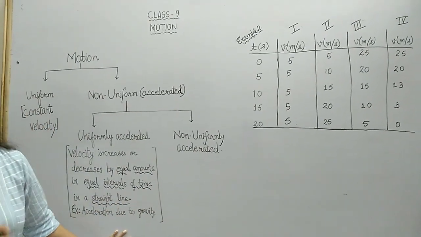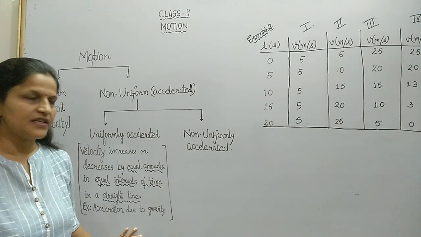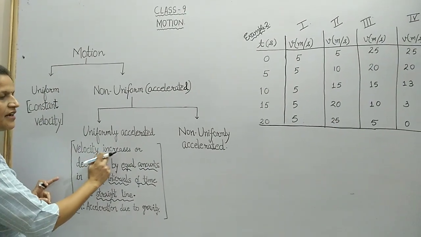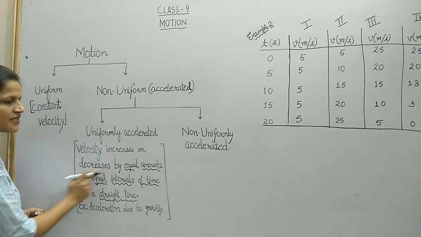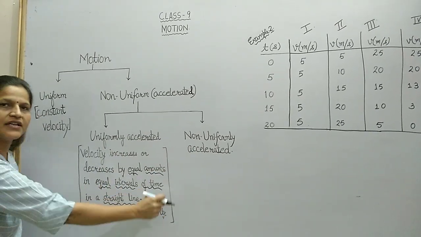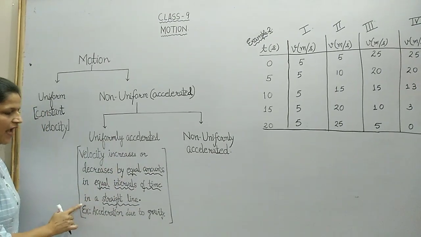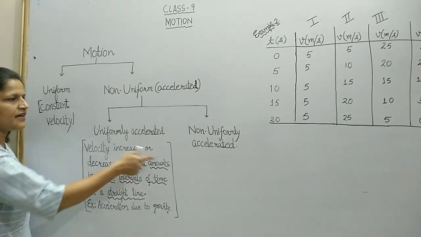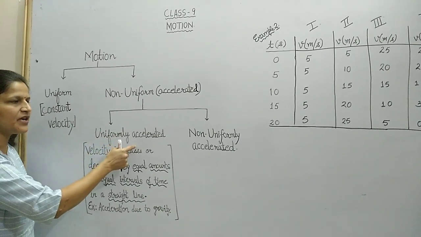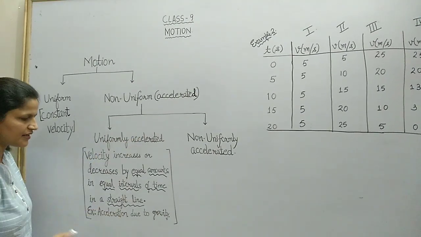So what are the three conditions to remember? Velocity either increases or decreases by equal amounts, point number 1, in equal intervals of time, point number 2, and in a straight line. Then we say that the motion is uniformly accelerated. We will soon come to an example to give it a better understanding.